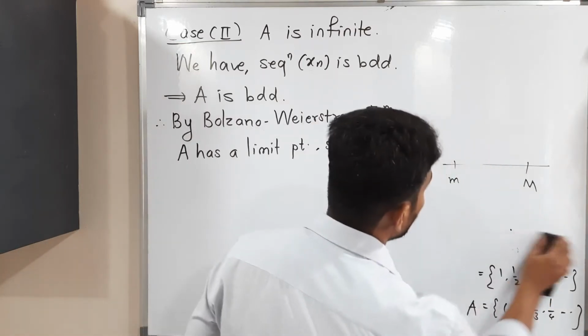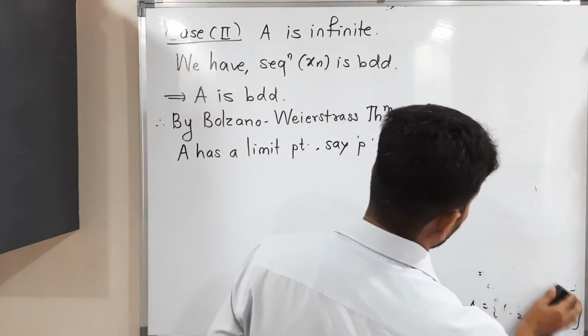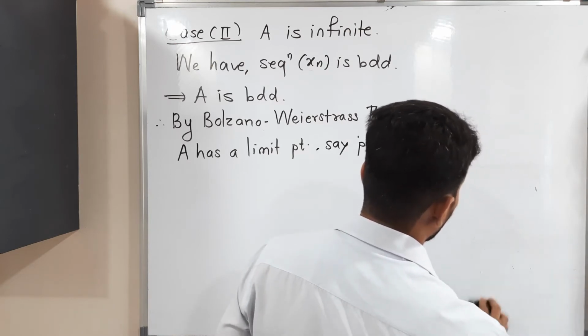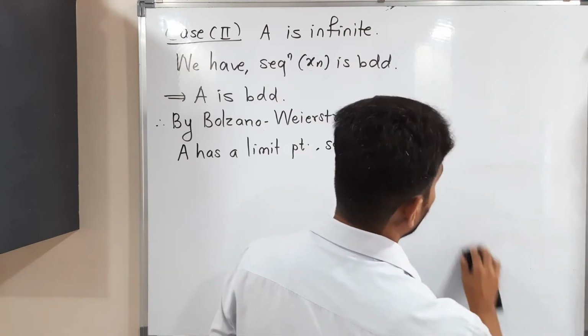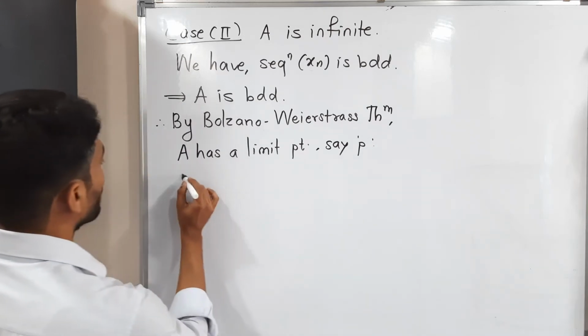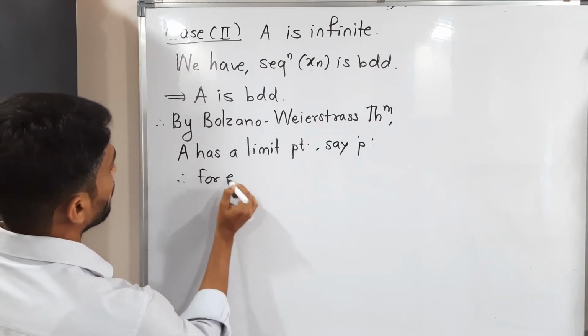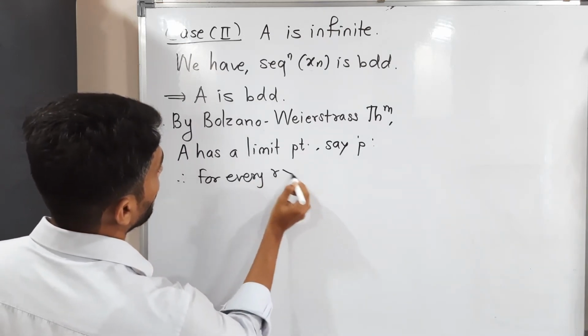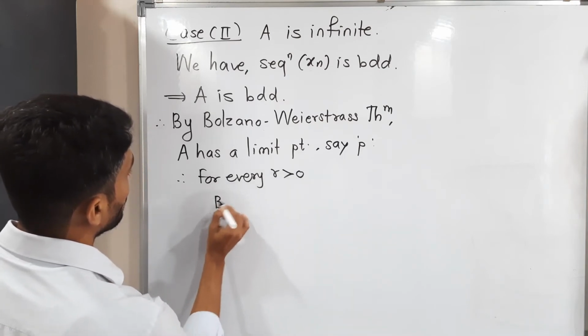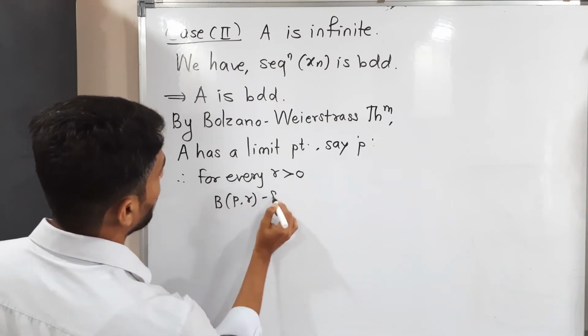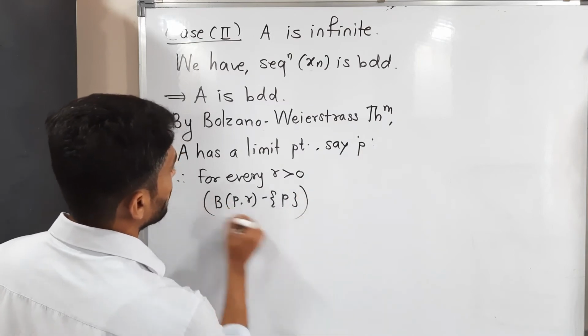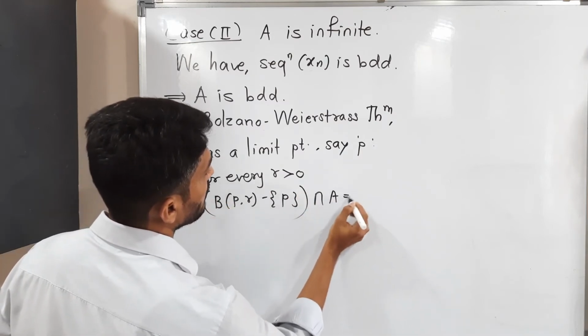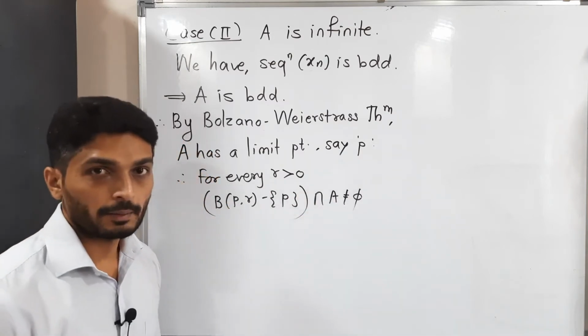See, by the definition of limit point, for every r greater than 0, B(P, r) minus singleton P intersection A is not equal to phi, right?